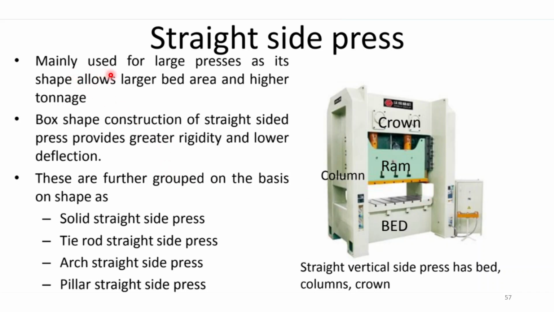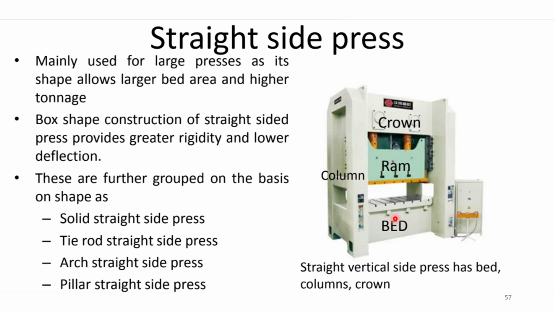It is mainly used for large presses as its shape allows larger bed area and higher tonnage. The box shape construction of the straight sided press provides greater rigidity and lower deflection, and these are further grouped on the basis of shapes as solid straight side press, tie rod straight side press, arch straight side press, and pillar straight side press.